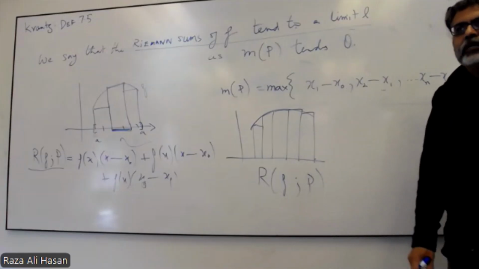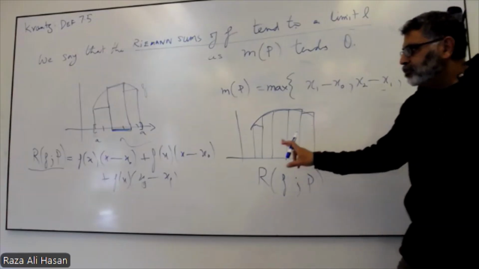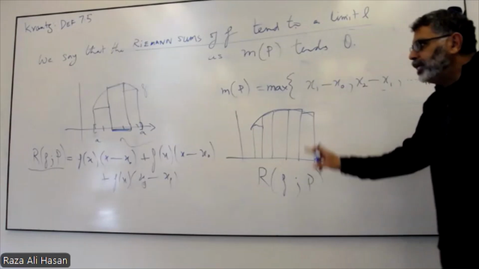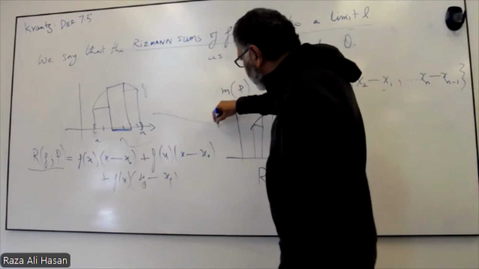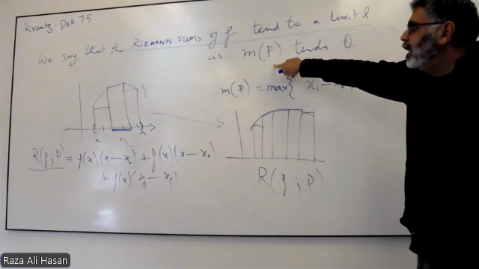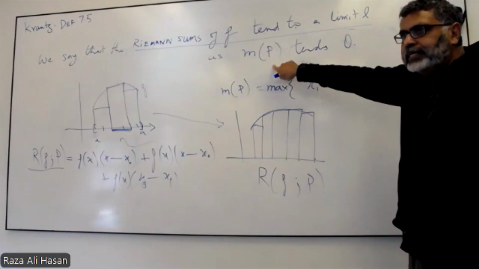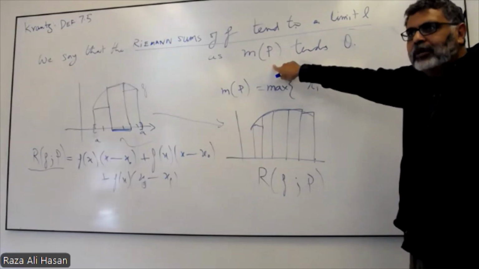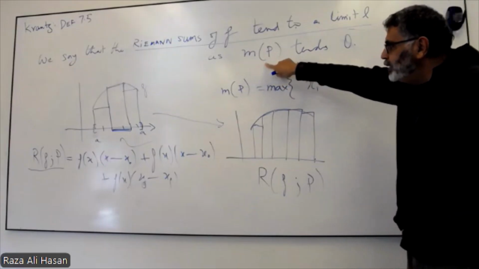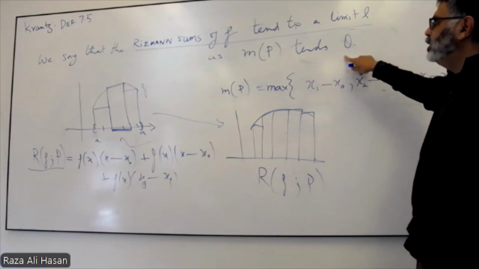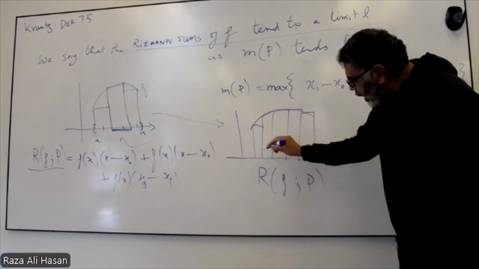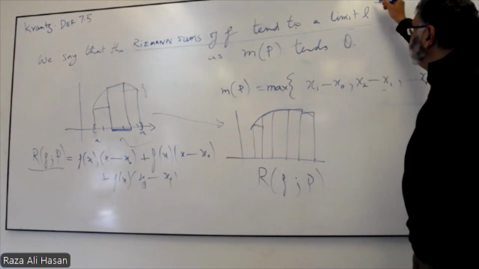Which one gives the better approximation of the area, this one or this one? How did I get from here to here? By making the largest width of the base smaller and smaller. As the width of these rectangles tends to 0, the area under the curve tends to a limit.